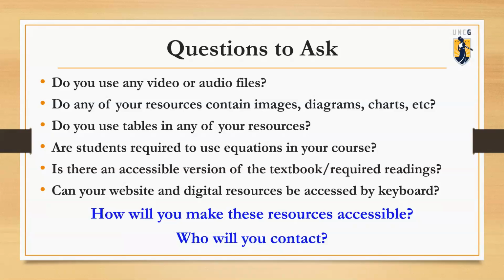That next step might be, again, if you are familiar with accessibility and you know how to create descriptions for those images, then that would be the next step, to go in and create those descriptions for the images. But your next step could be, you don't know how to fix that. So then it's asking the question, how will these resources be made accessible?